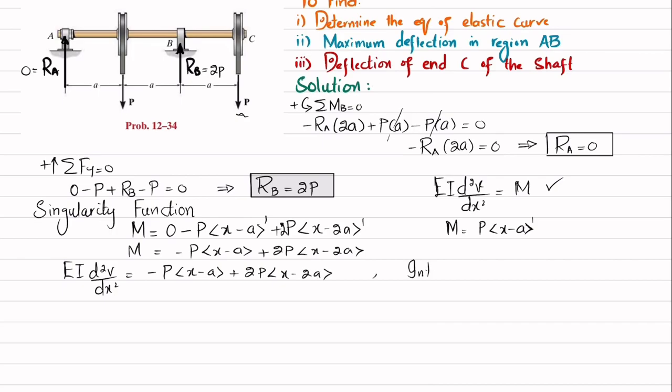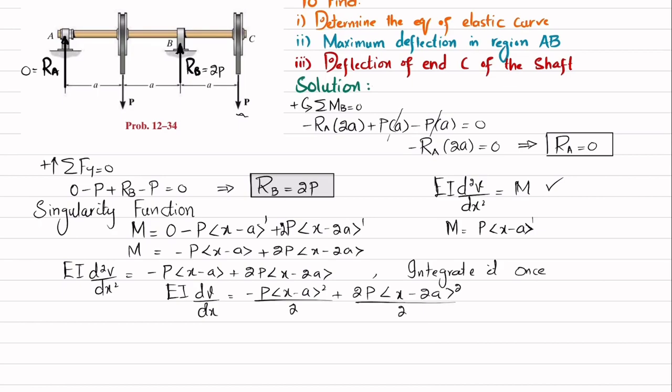So if you integrate this equation once, you will get EI dv/dx equal to minus P times (x minus a)² divided by 2, plus 2P into (x minus 2a)² divided by 2, plus a constant of integration which is C1.